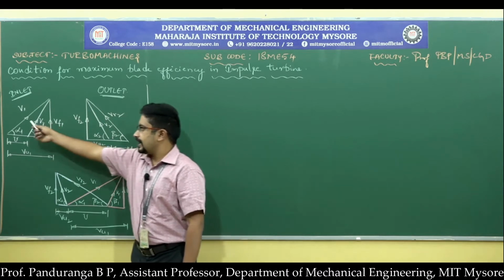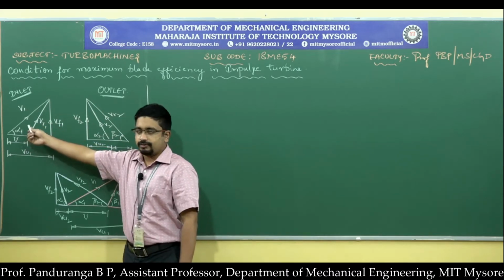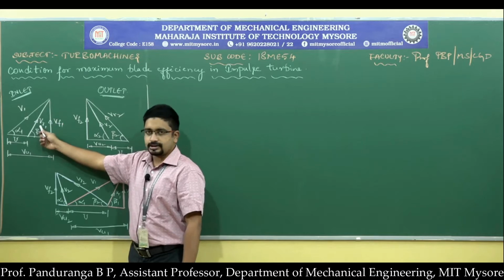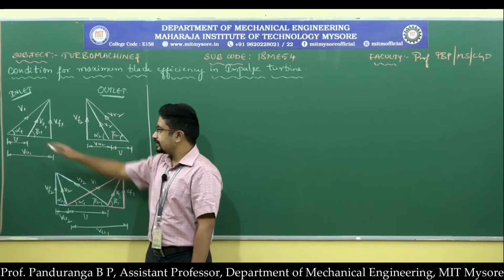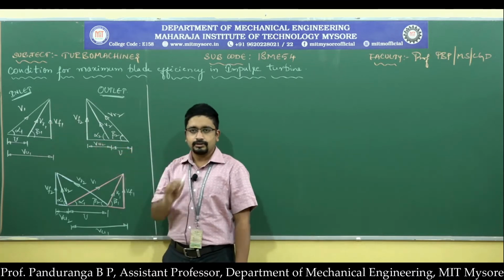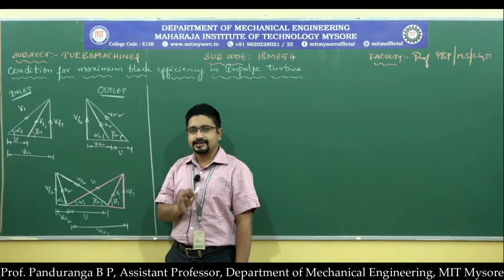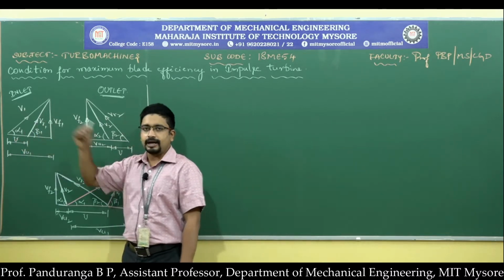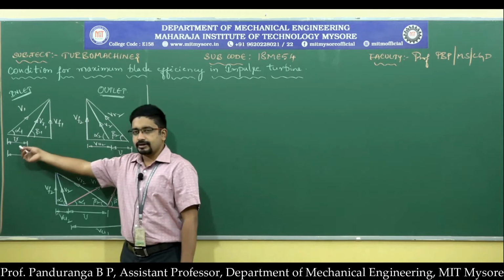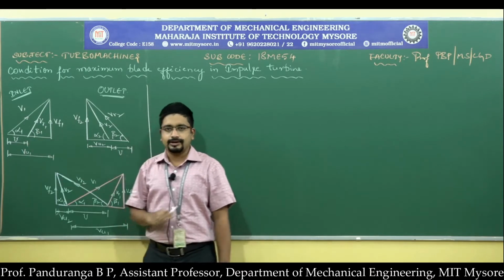And then here we have the absolute velocity V1, then we have the relative velocity VR1. Again we need to remember we are dealing with vectors here, these are velocities not speed. So vectors have magnitude as well as direction. So the angles are also important, and we always take u as our reference whenever we are constructing a velocity triangle.